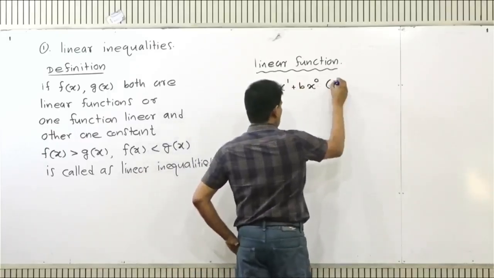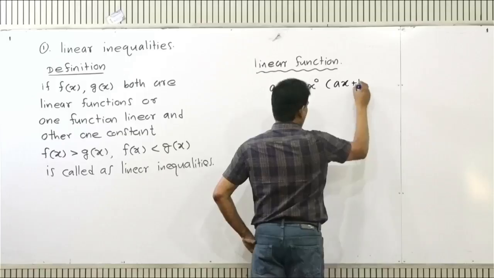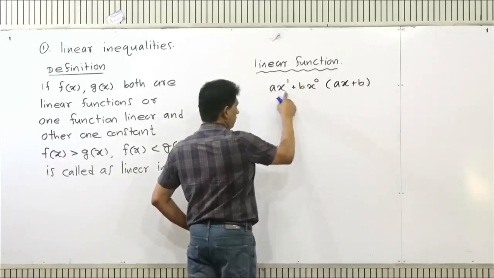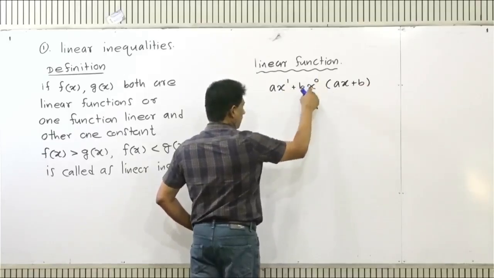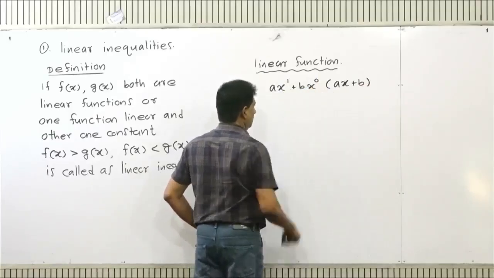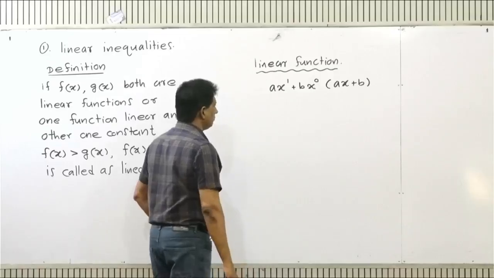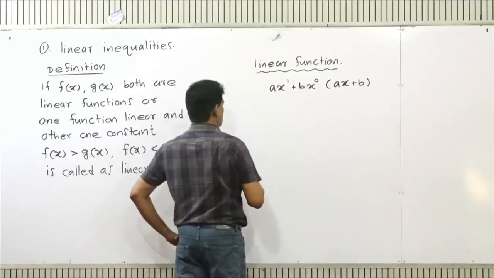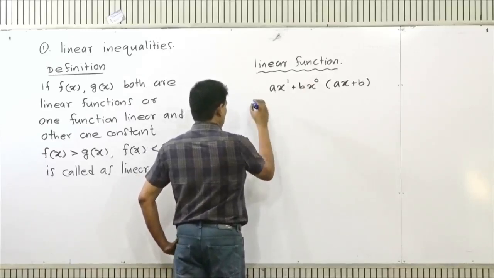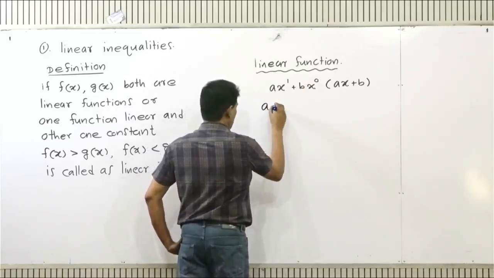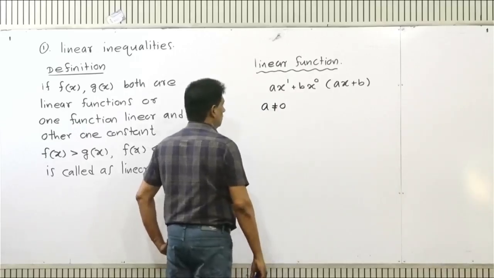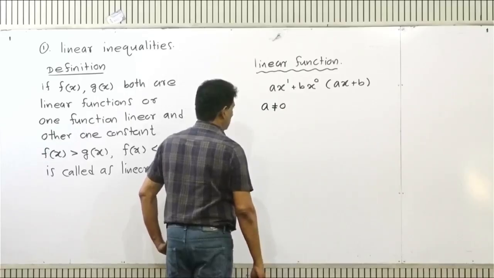Generally we write this as ax plus b, because x to the power 1 means x, a into x means ax, x to the power 0 means 1, and 1 into b means b. This is a linear function of x, and the definition says that a is not equal to 0.